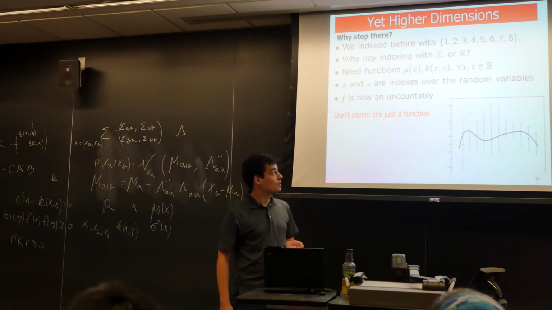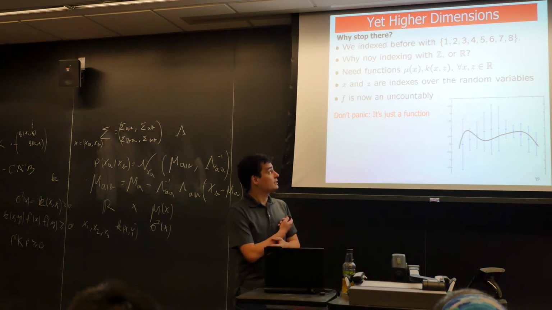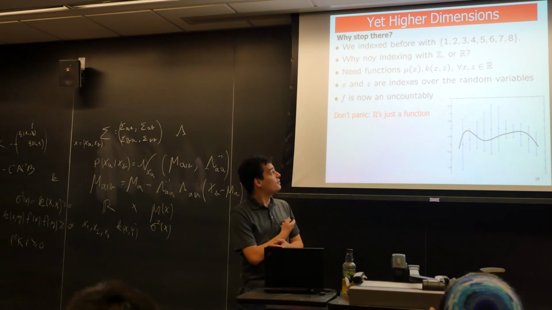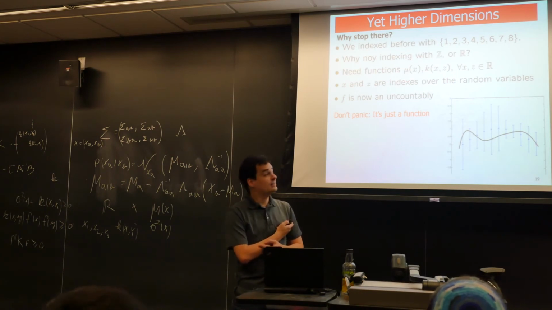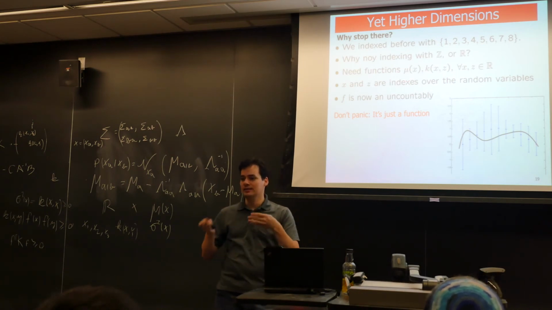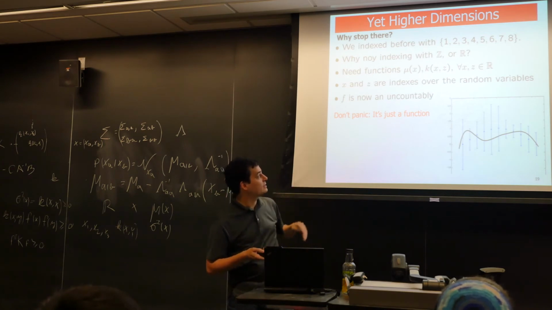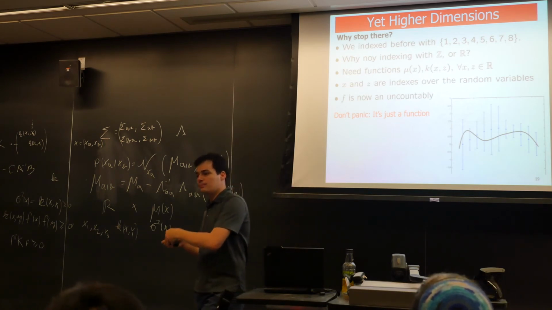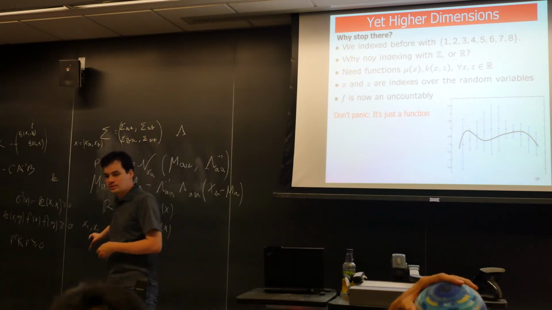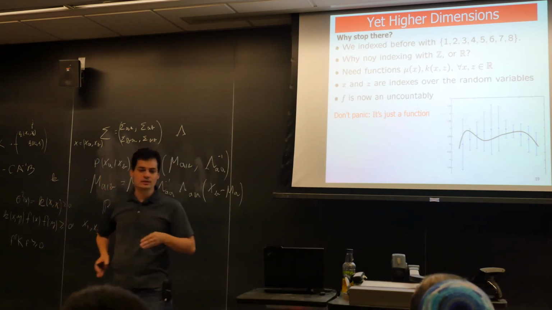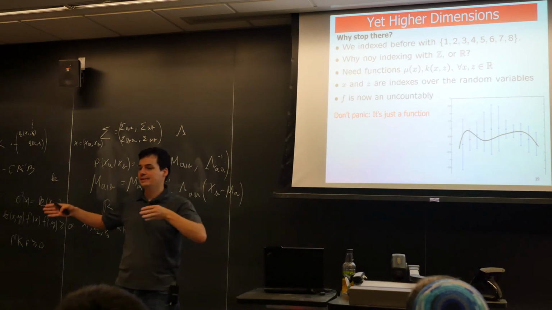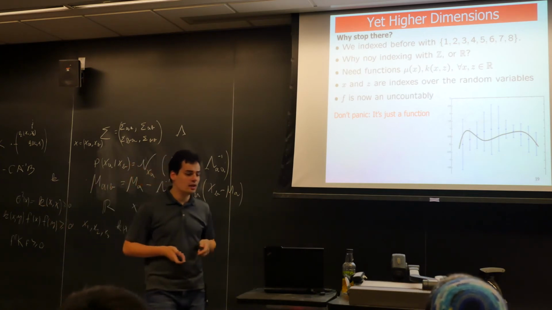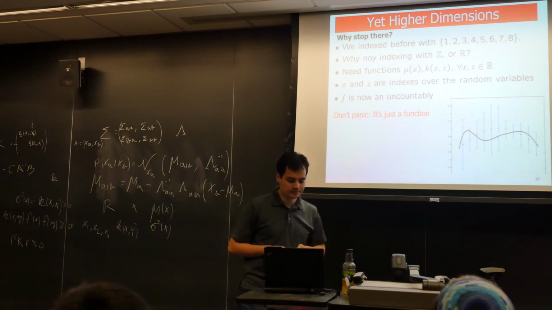So what we discussed is that if you define a mean function mu(x) and this K function between indexes x and z, you can prove that it's enough to define a Gaussian process, which has the properties that we just discussed: for any fixed finite indexes, the joint distribution of those random variables is Gaussian.